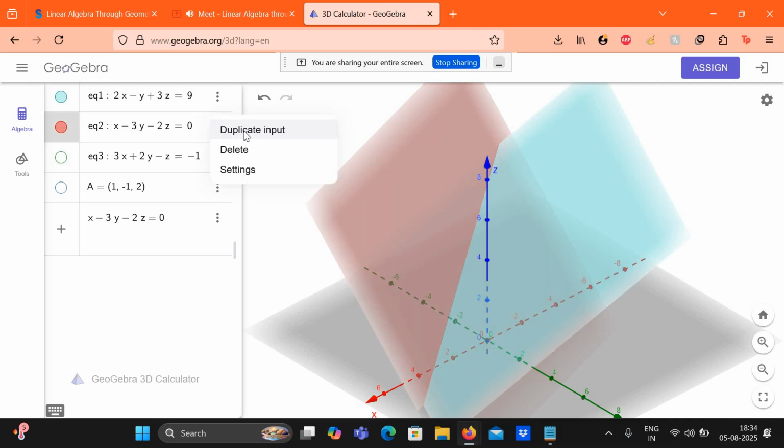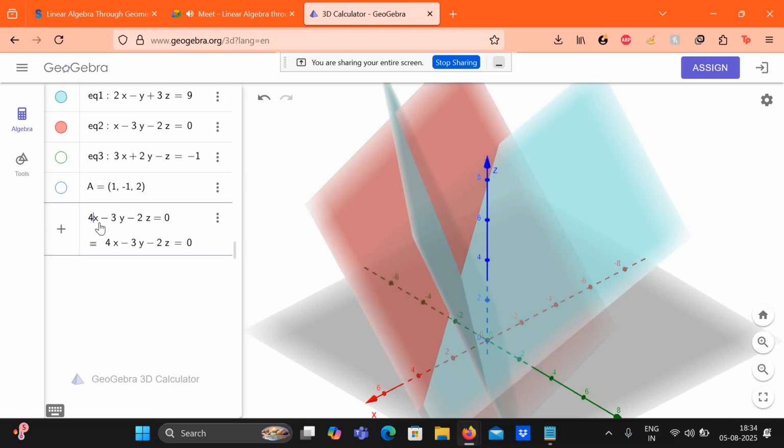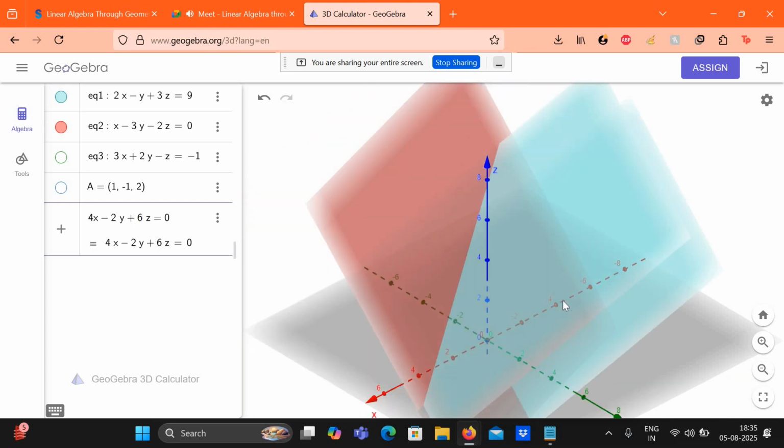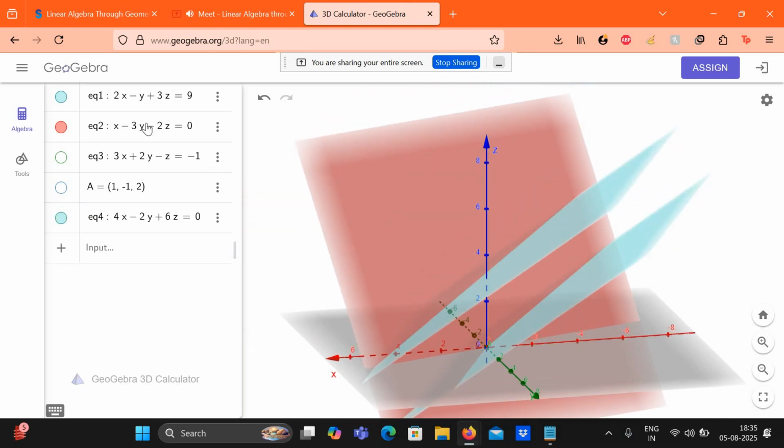That could be, say, 4x minus 2y plus 6z equal to 0.